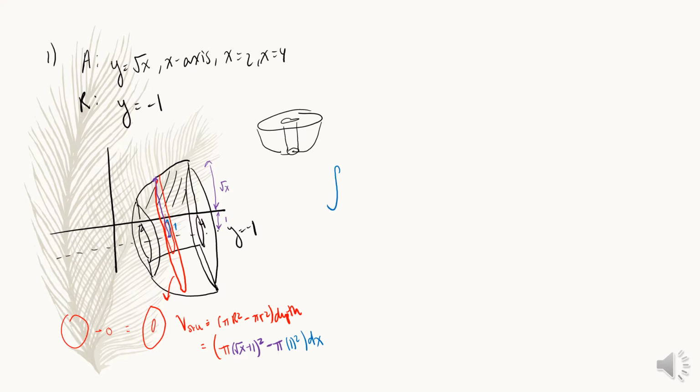As far as my integral goes, it's going to be pi times the square root of x plus 1 squared, minus pi, and then dx. And my bounds are the same as last time. You're going to start from 2 and go up to 4. You can work through this if you want to, because you would actually square all this out, square out this term using the FOIL method, find the antiderivatives, but what you end up getting is 40.512.